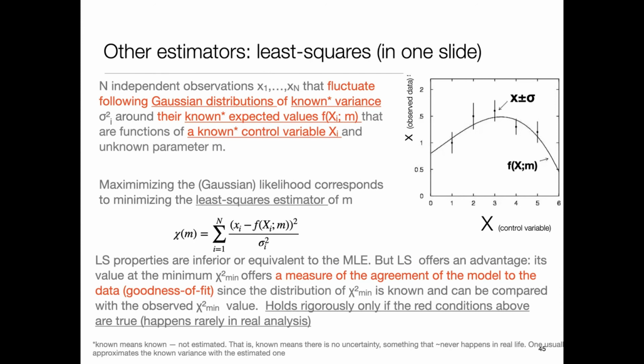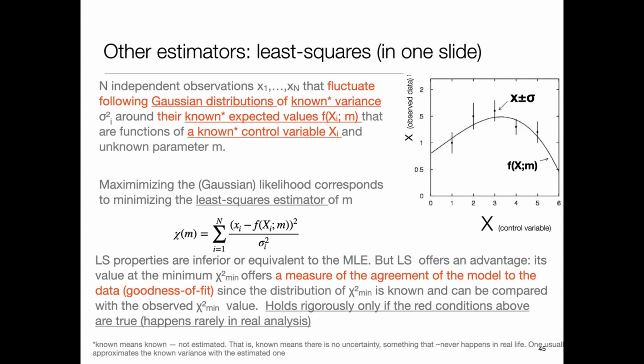However, you have to notice and remember that these red conditions above are almost never respected in any real problem. Of course, you have to make sure that fluctuations are Gaussian, and this is already non-trivial, especially if you don't have many events. But also, you have to ensure that the variance of your fluctuation, this sigma in the denominator, is known.